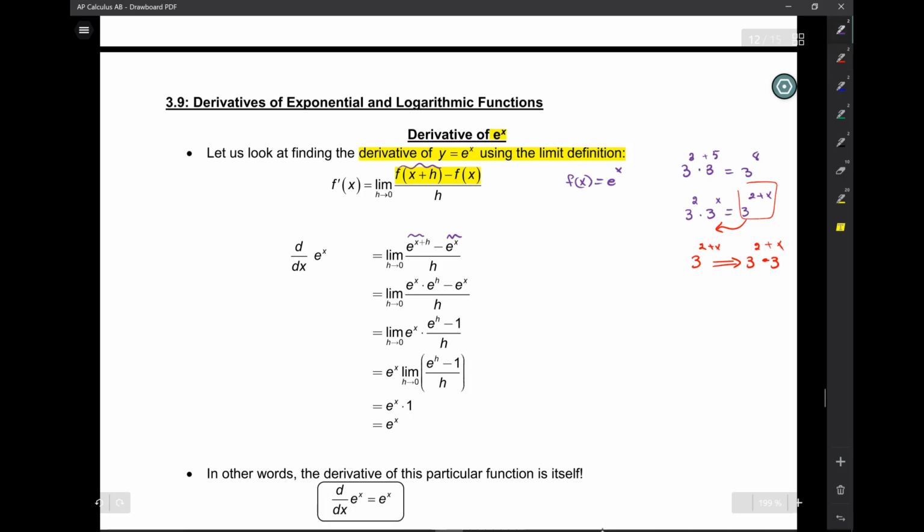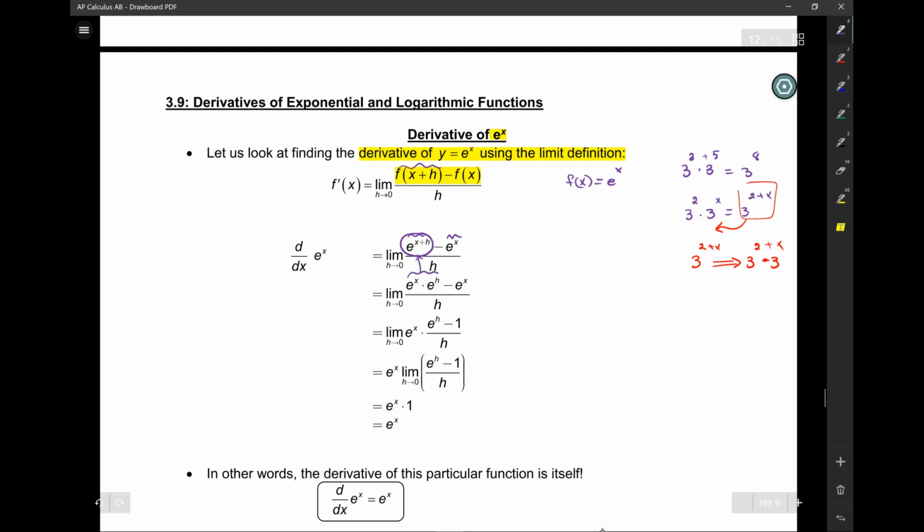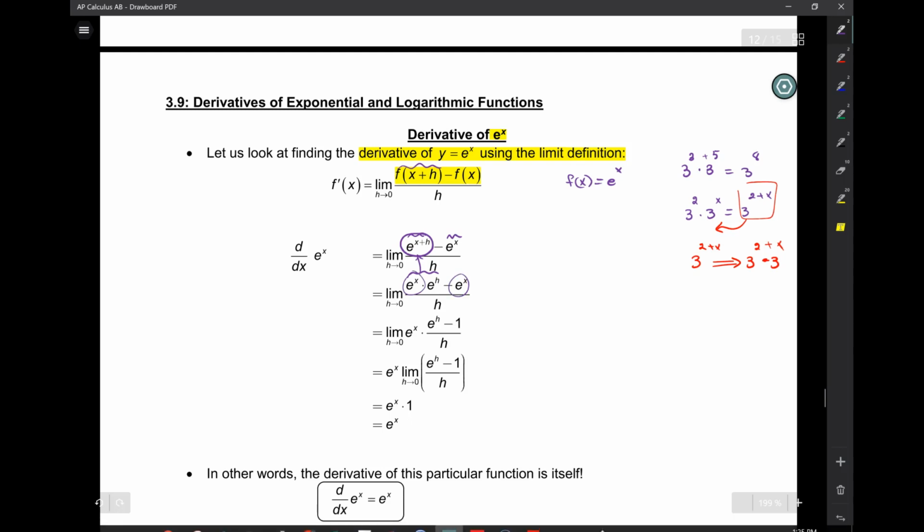So coming back here, I have e to the x plus h. Well, guess what? I can separate that into e to the x times e to the h. Do you see how this is the same as the thing on top? Right? So now I have e to the x times e to the h minus e to the x. Okay, let's factor out an e to the x.